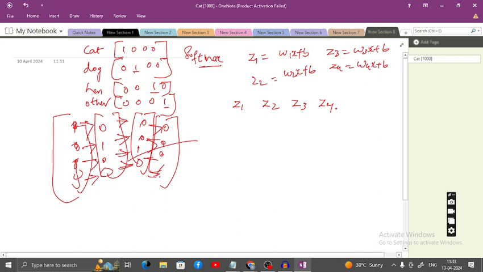I am randomly assuming values to help you understand how softmax works. In reality, the values will not be like this. Let us assume -1. I have given some values: for cat I am giving 2, for dog 3, then -1, 4.